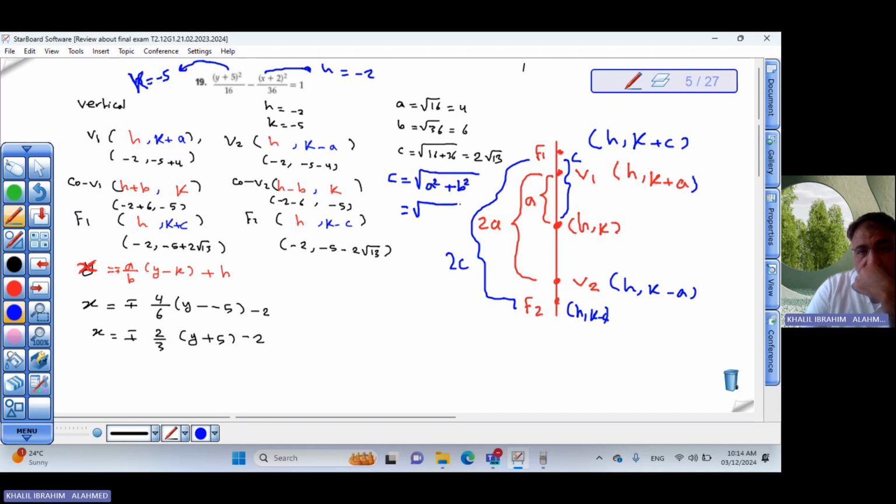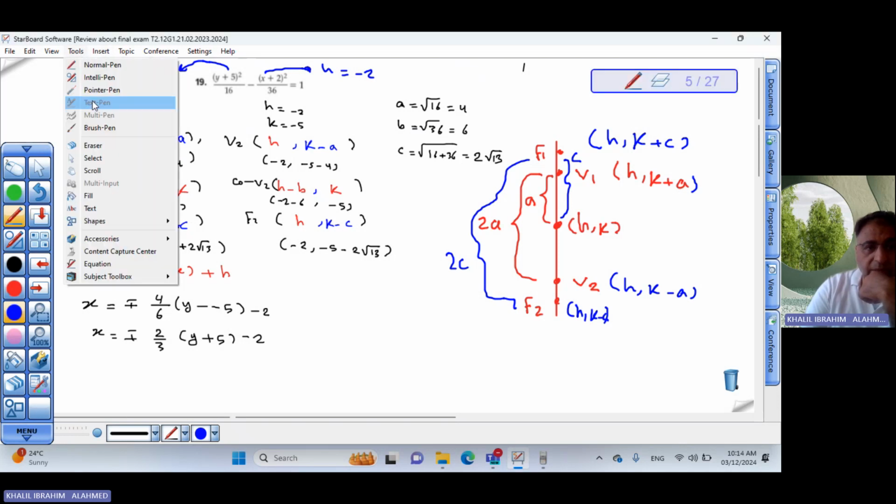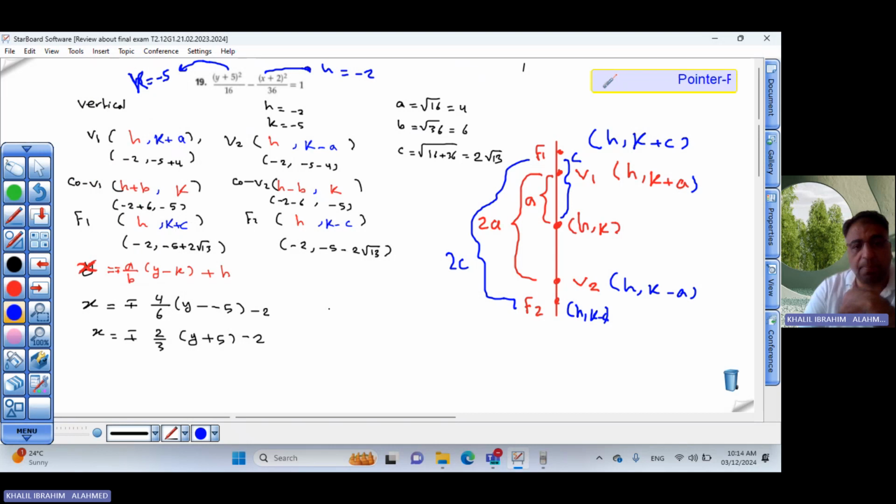This is radical 16 plus 36, which is radical 52, or 2 radical 13, as you see up. That's it. It's easy. Everything is ready now to find all the elements.